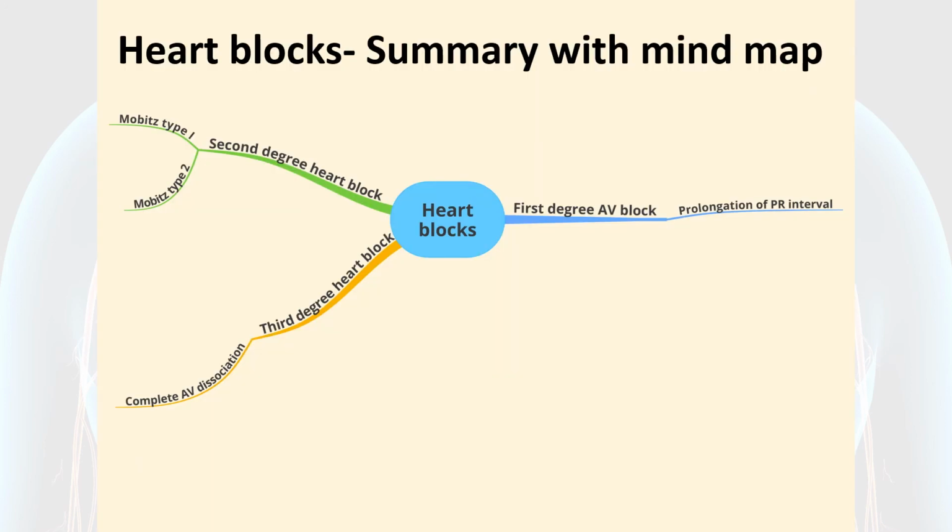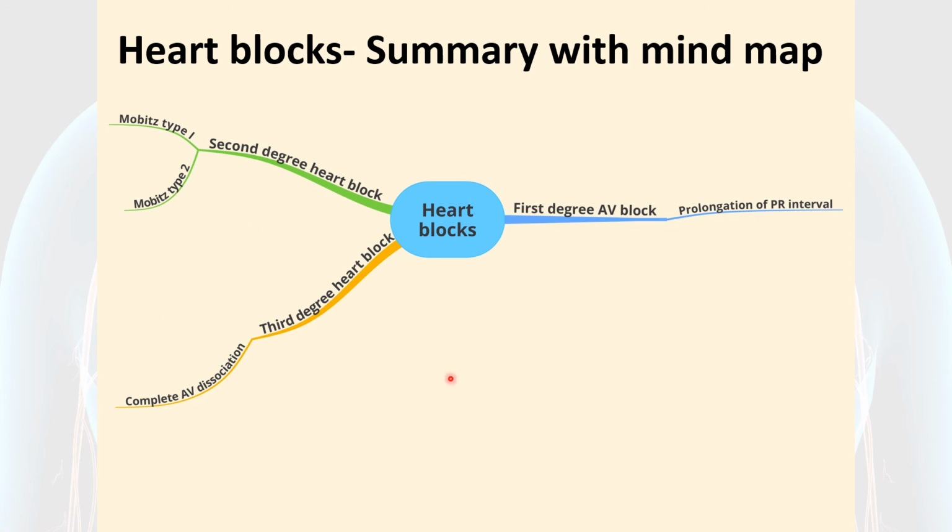This is the summary of heart blocks with the help of a mind map. There are 3 types of AV block. First degree AV block is characterized by prolonged PR interval. Second degree AV block is subdivided into Mobitz type 1 or Wenckebach, where there is gradual prolongation of PR interval, and Mobitz type 2, which can be 2:1 or 3:1 block.